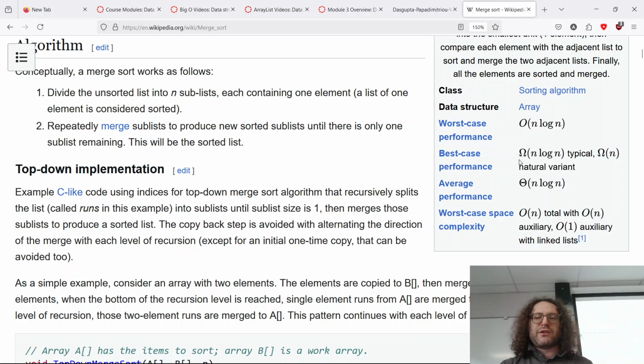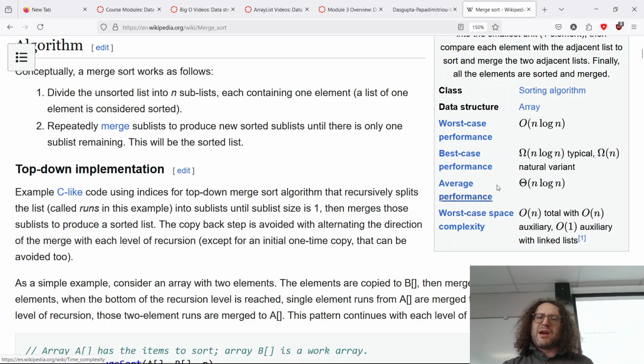Yes, there's a big O, there's a big omega, and a big theta. We can get into those later, but big O basically says it's never going to be any worse than this. Big omega basically says it's never going to be any better than this.